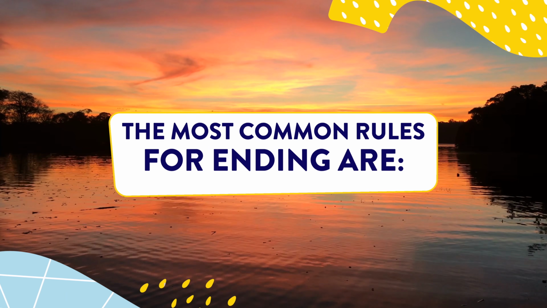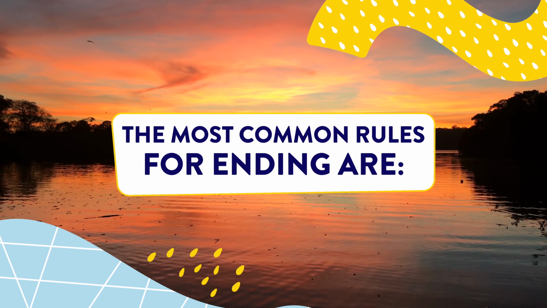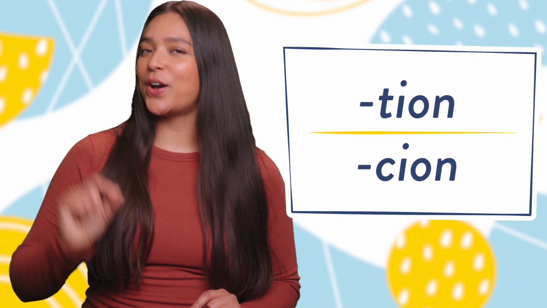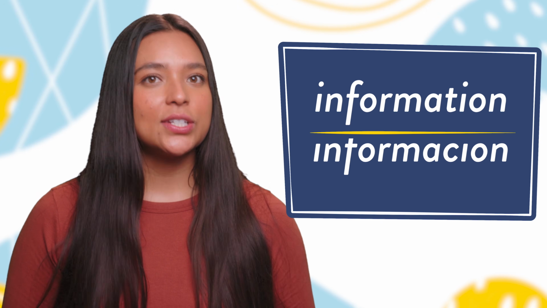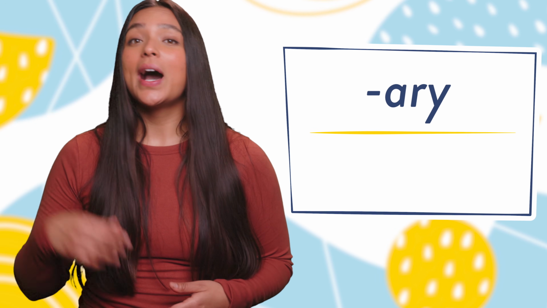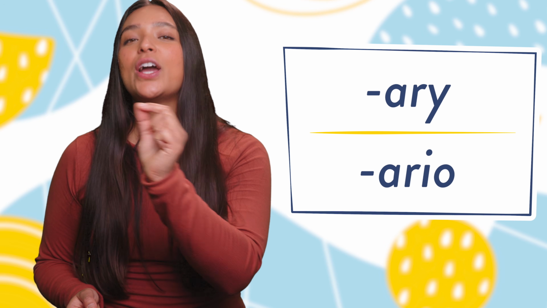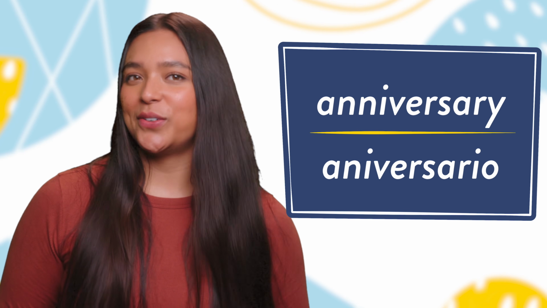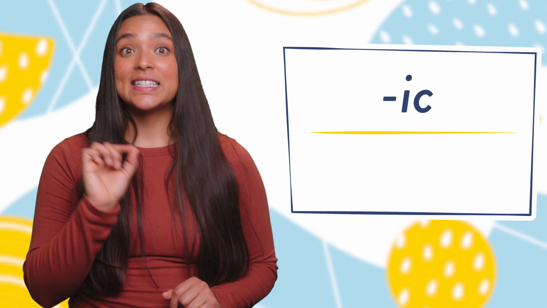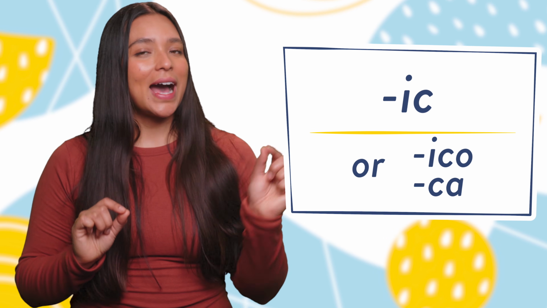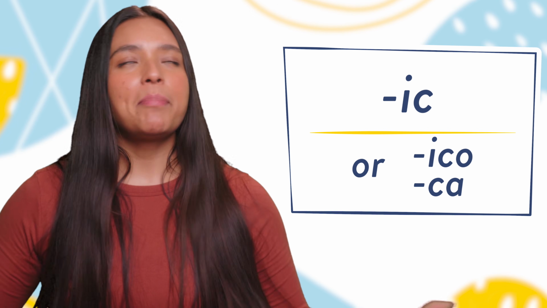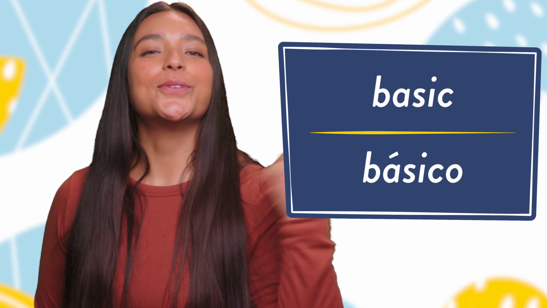The most common rules for endings are tion to ción, like information to información. Ary to ario, such as anniversary to aniversario. Ic to ico, or ica, like in basic to básico.